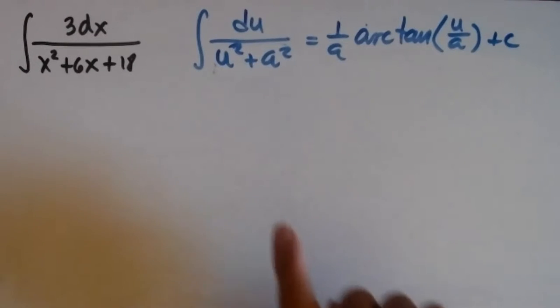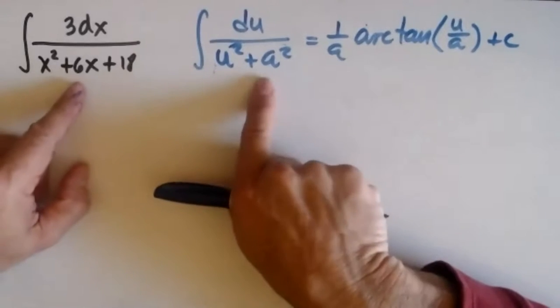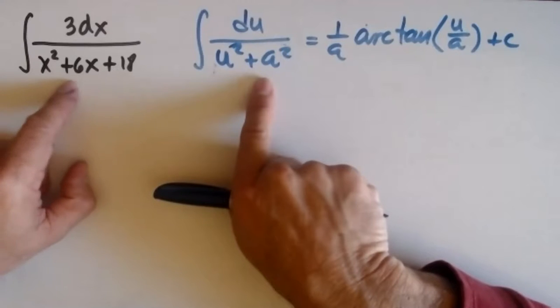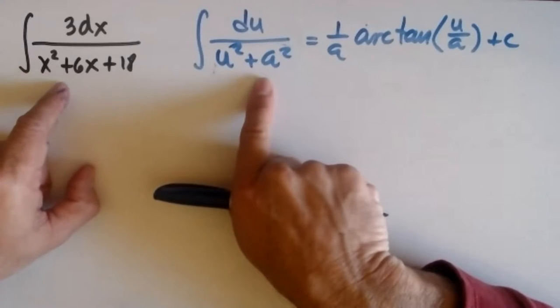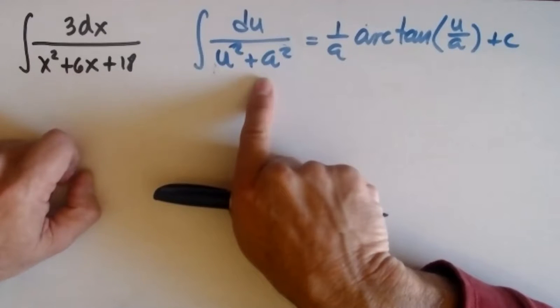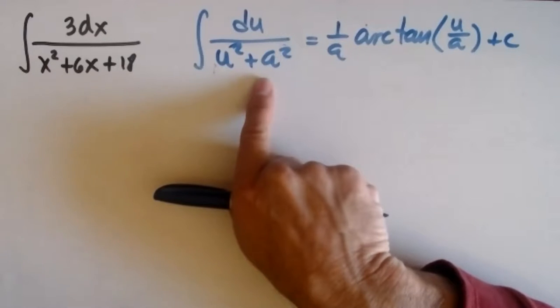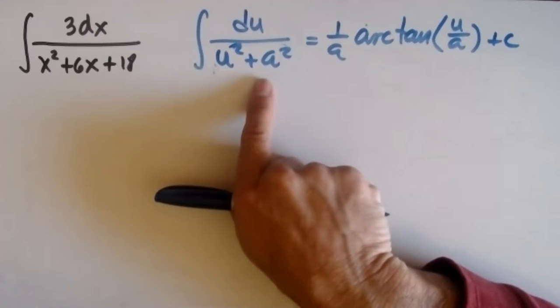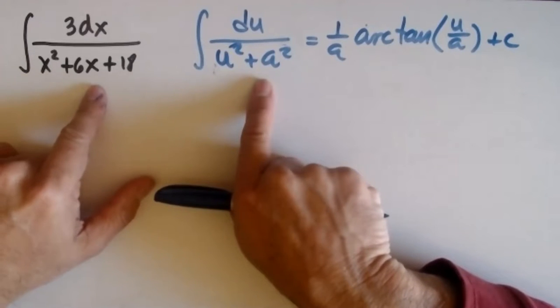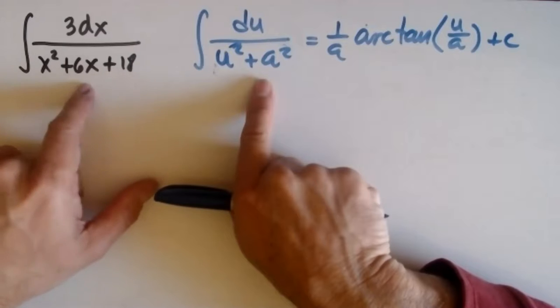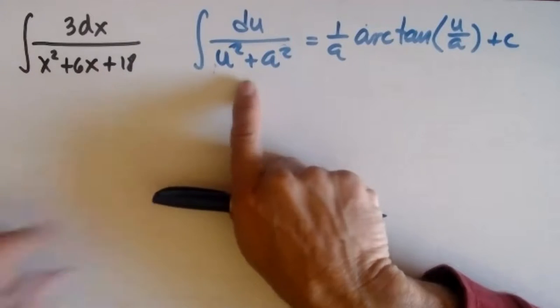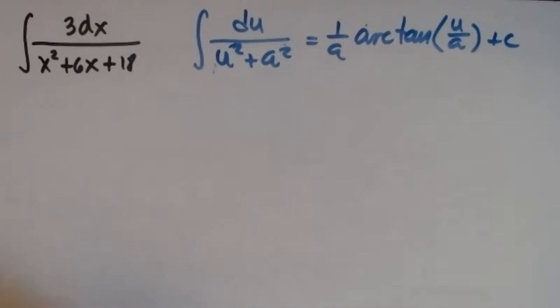Okay, here I need u squared plus a squared. So I have to write this as the addition of two squares. This looks weird because I cannot factor this thing directly, correct? It's not possible to factor, but I have to remember completing the square.